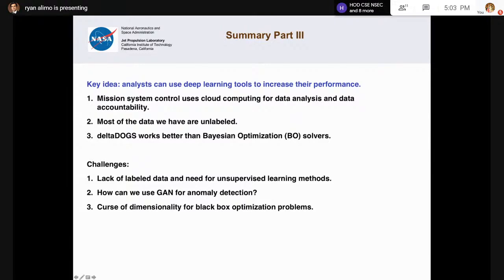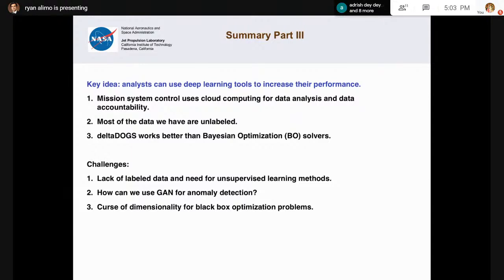And the challenges that remain even here: still, for new applications, we need a lot of labeled data. However, we don't have them, right? In these problems, you have a lot of data, but they are not labeled. So how can we use unsupervised learning or a combination of human and AI to solve these complex problems?